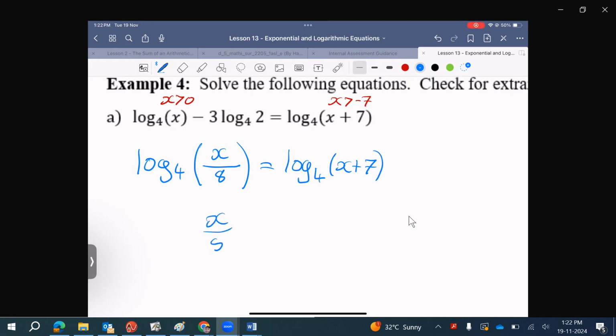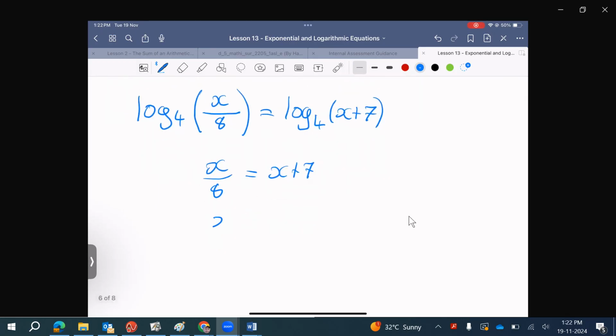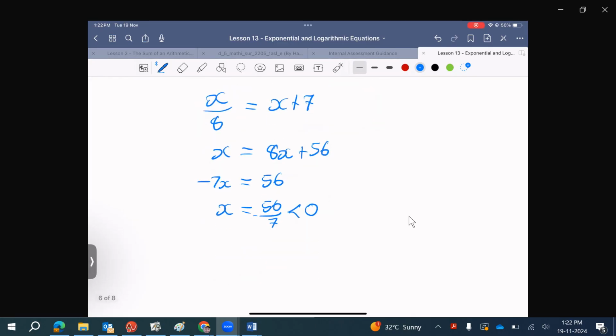So x over 8 is equal to x plus 7. That means we get x is equal to 8x plus 56. So minus 7x is equal to 56. x is equal to negative 56 over 7, which is less than 0, which implies no solutions.